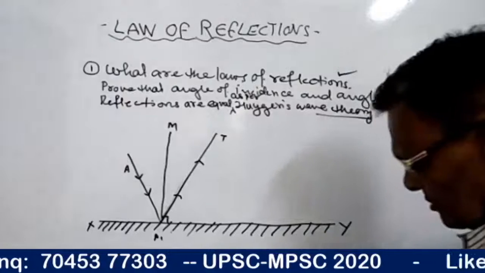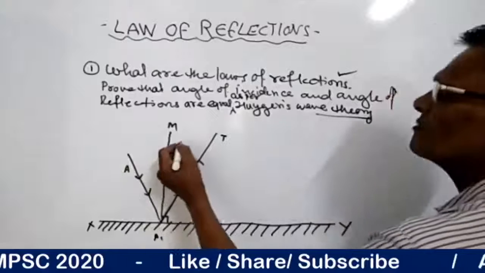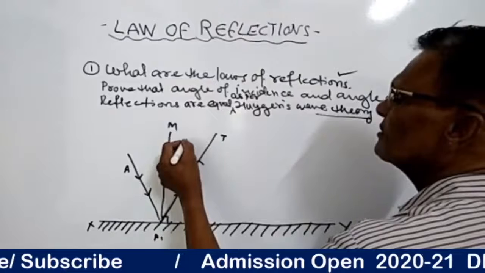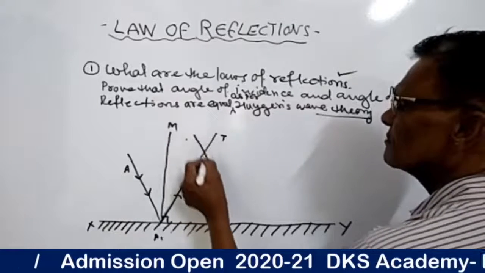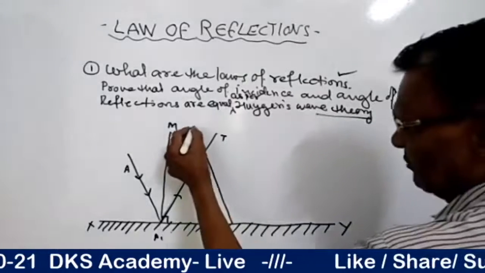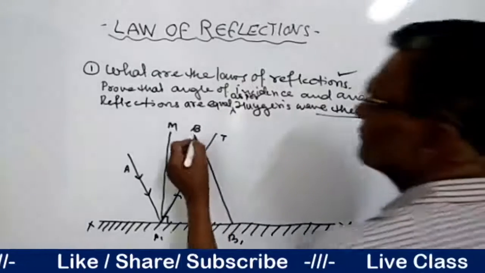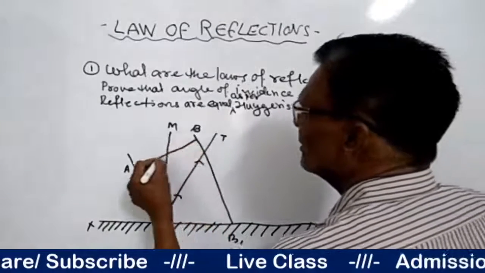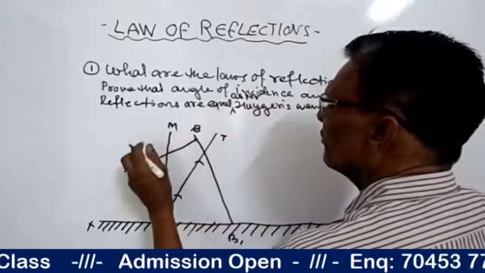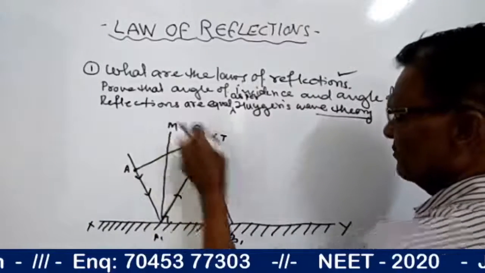Again we will consider another ray parallel to the A1, so it will come like this, and this will be designated as BB1. This is a form of waves because there are number of rays in between ray A1 and BB1.